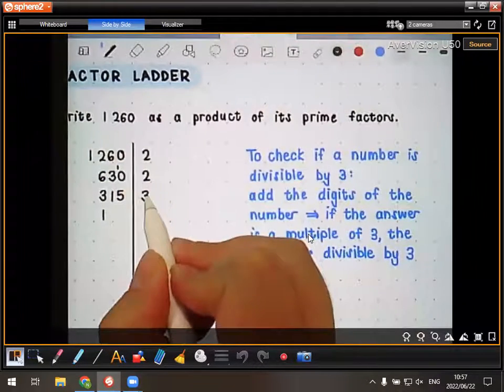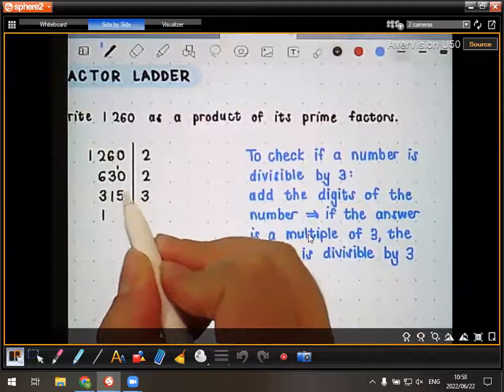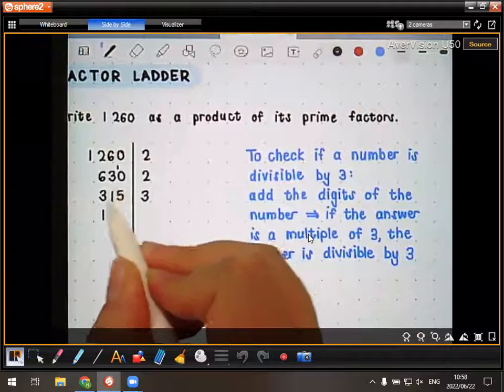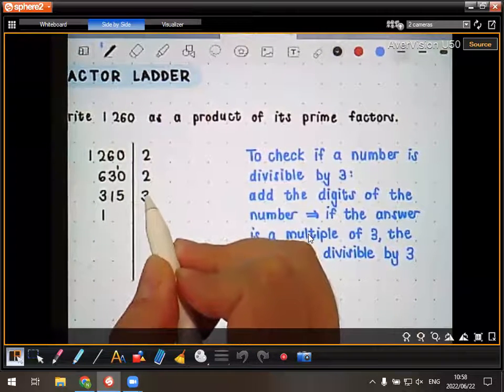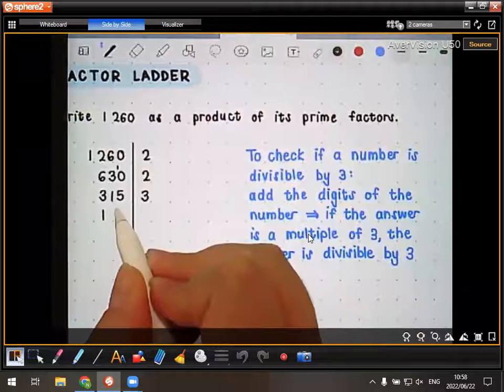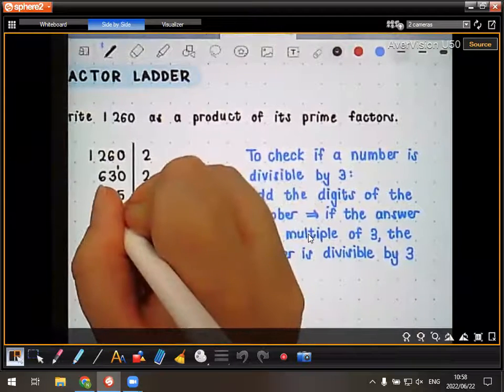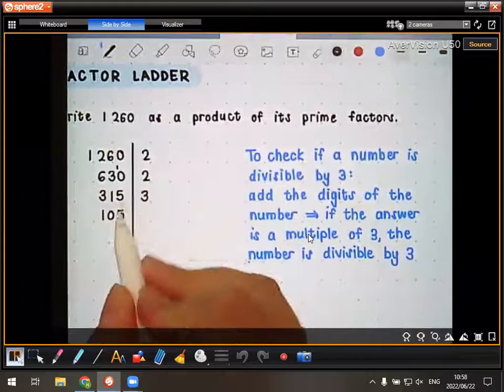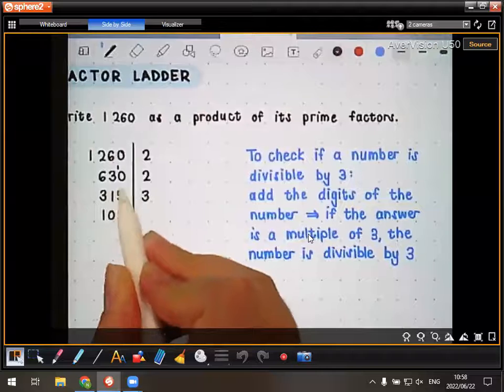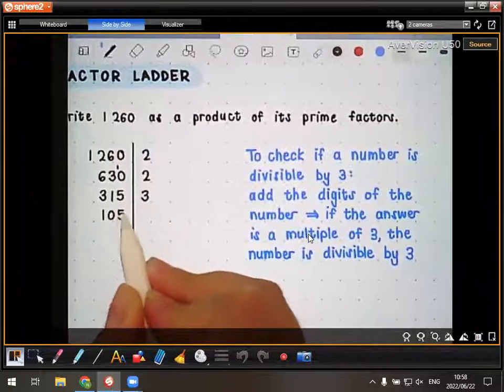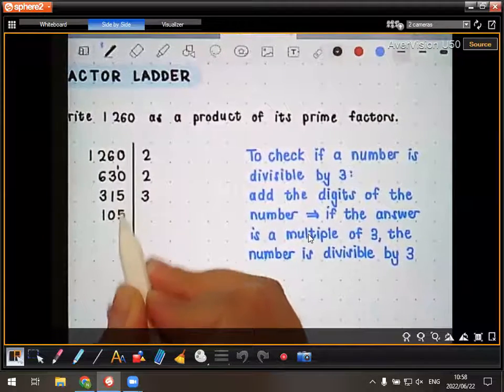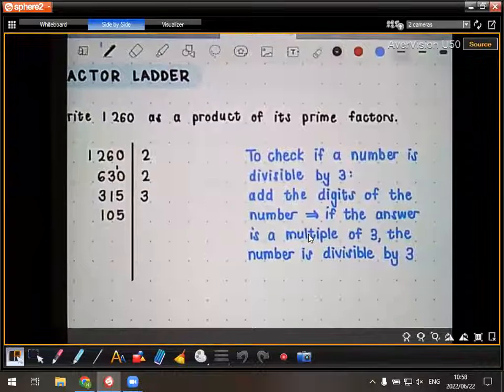Is 1 divisible by 3, guys? No. But 15? What's 15 divided by 3? 5. Can I now just put a 5 in? No, I must put a 0, 5 actually, hey? The answer when I'm saying 15 divided by 3 is 5, that answer has to be underneath the 5. Okay, so you must put a 0.